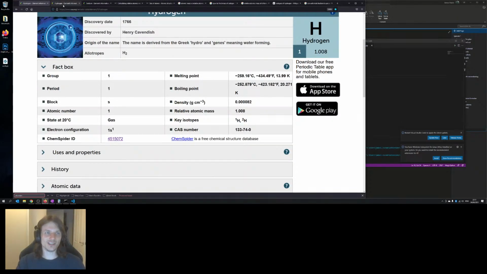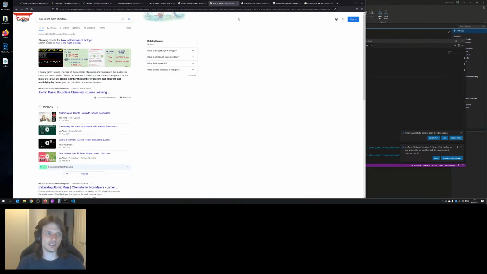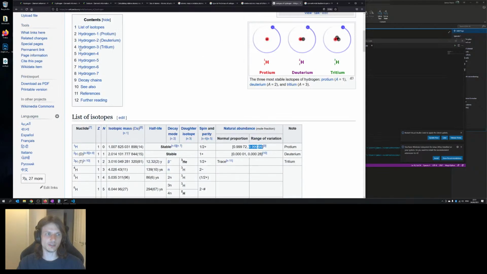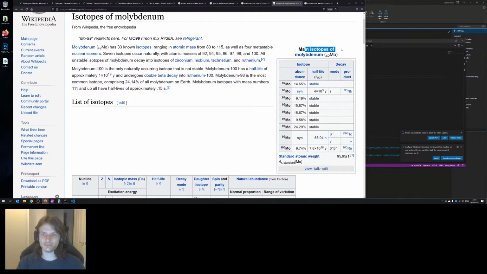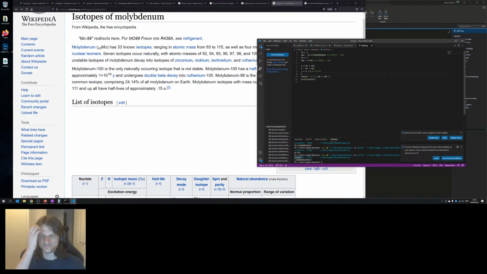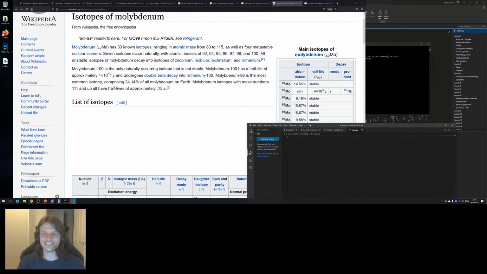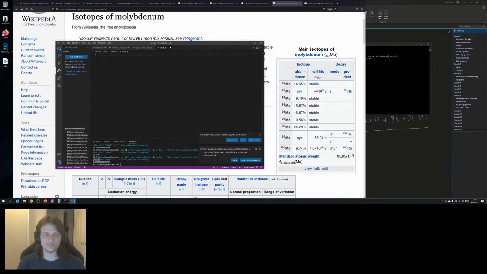Okay, well, I have to say I'm kind of interested now in the MO one because I would imagine I'm going to be the same, right? These are the main isotopes, so I'm gonna have to count these up. Oh, that is so annoying. So we're gonna have isotopes. Isotopes equals an array.